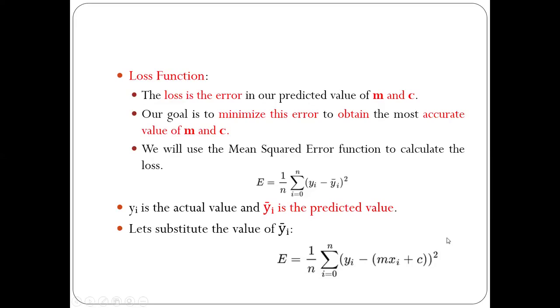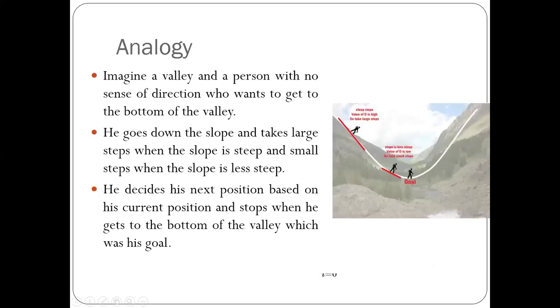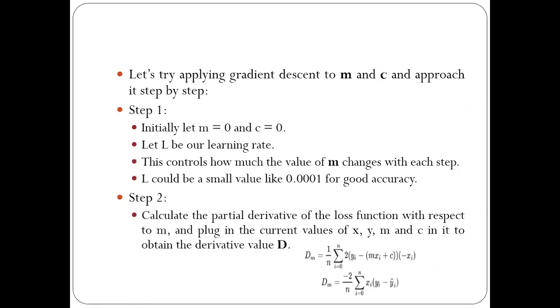So once we partially derive this error function with respect to m, the formula will become 1 by n summation i is equal to 0 to n, 2 into, because minus xi is taken at the end and 2 is split and taken in front, 2 into yi minus mxi plus c into minus xi.